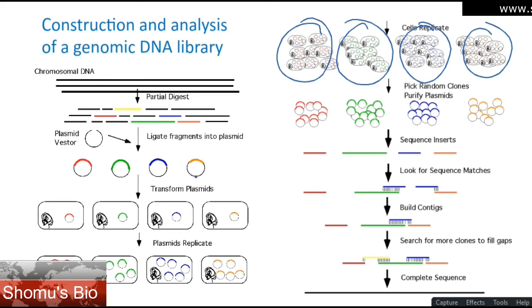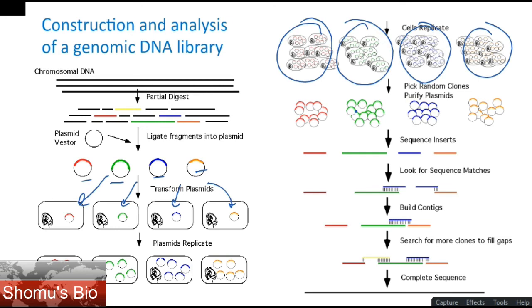Here only 4 genes are shown, color coded red, green, yellow, and blue. We transfer them by transformation into the bacteria, E. coli, and allow them to grow. We select only those colonies that have taken up the recombinant DNA properly, which we can do with the help of the selectable marker.